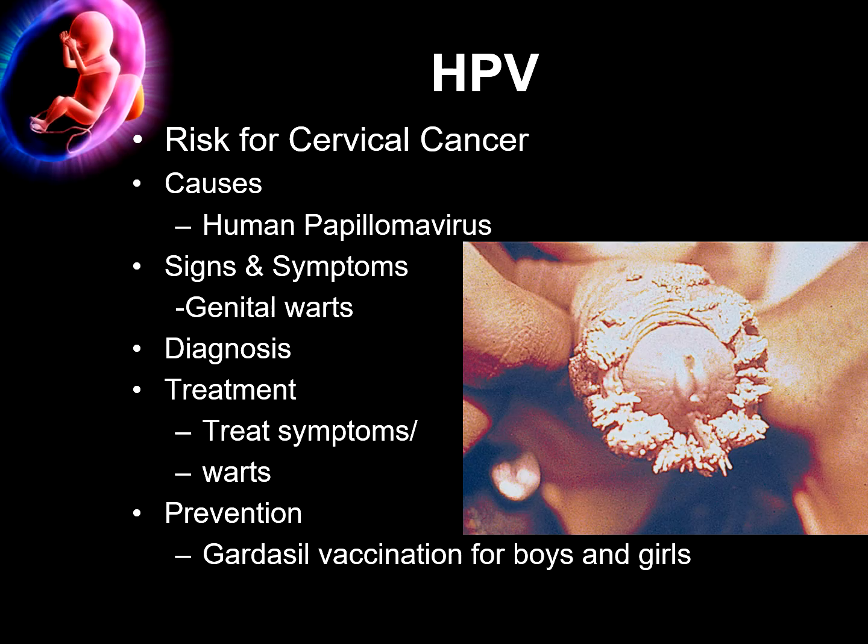And so the risk for cervical cancer with HPV: the cause is human papillomavirus, and the signs and symptoms are just the genital warts. And again, if the pap result comes back, they may not have genital warts that are visible, but if a pap test comes back positive for HPV or an abnormal pap is found, then they will test for HPV, and that is called co-testing.